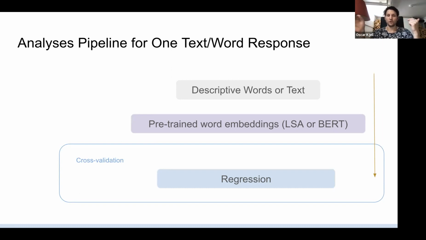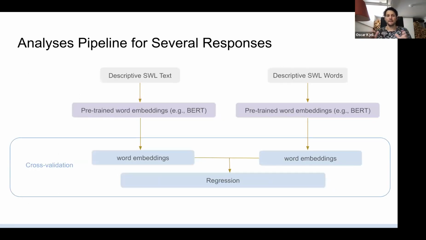Then we can correlate that with the observed value to get an estimate of how well our models perform. This pipeline can also be extended so that we get both descriptive text and descriptive words for both harmony and satisfaction. Then we take the word embeddings and concatenate them before putting them into multiple regression.